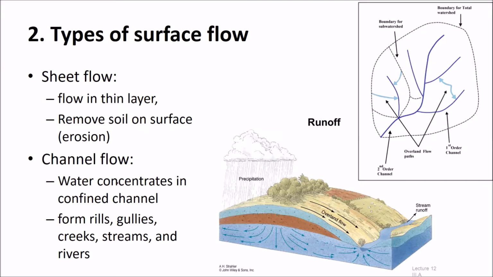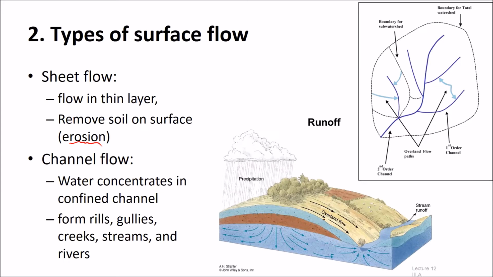That's called erosion. Erosion can be even, flat, like in this figure, the overland flow on the surface.